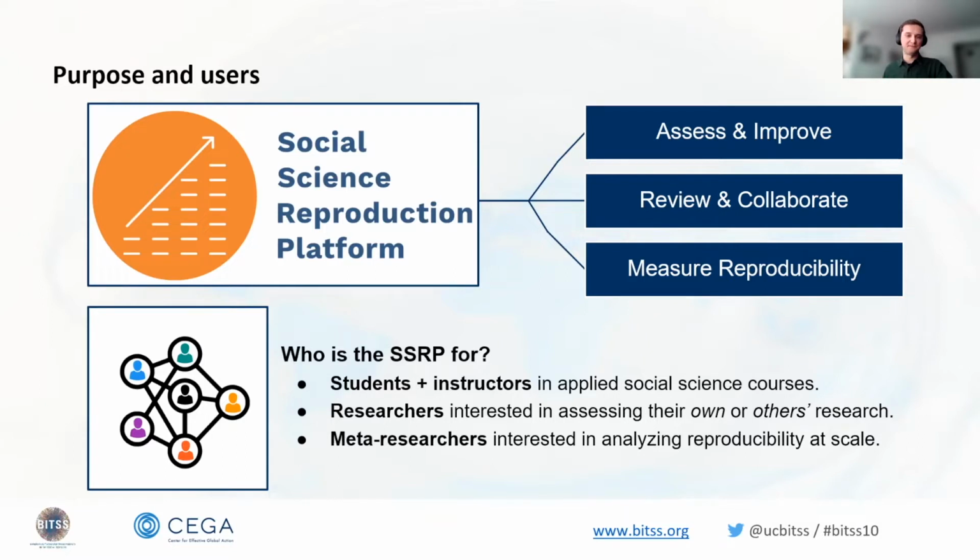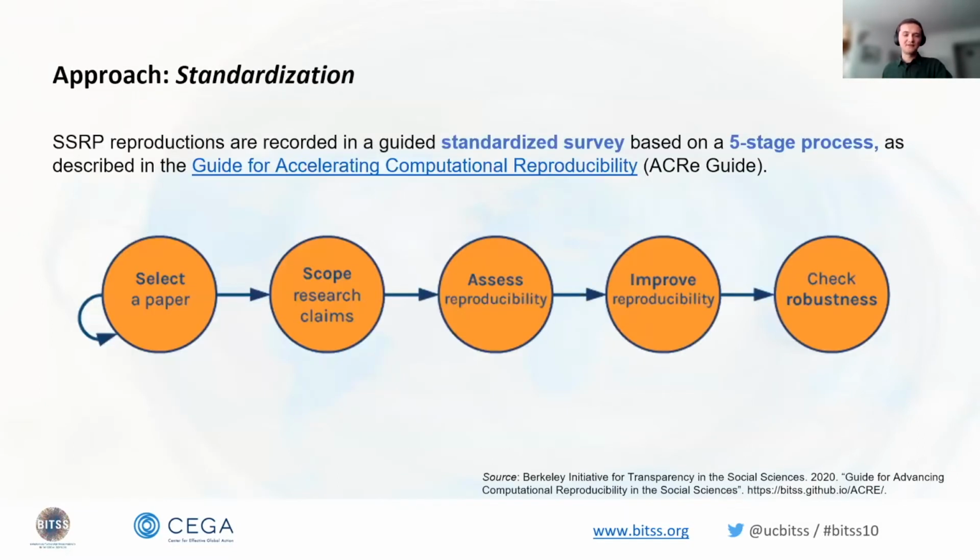meta-scientific research purposes. There are several distinguishing features that make the SSRP slightly different from other related efforts. One is standardization, and you'll see this is an ongoing theme in the remainder of my presentation.